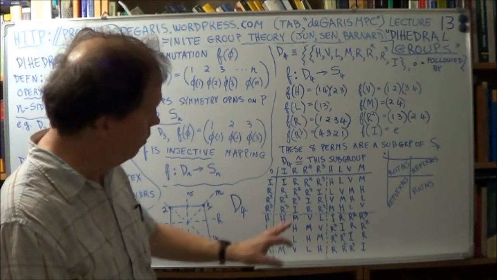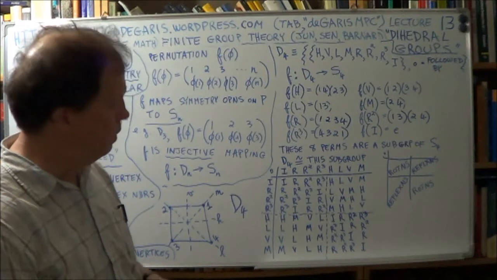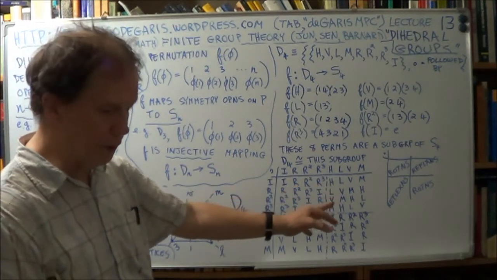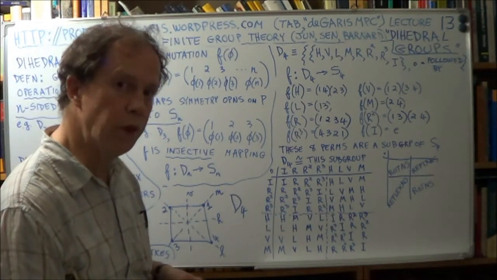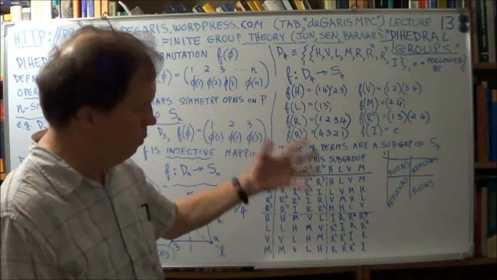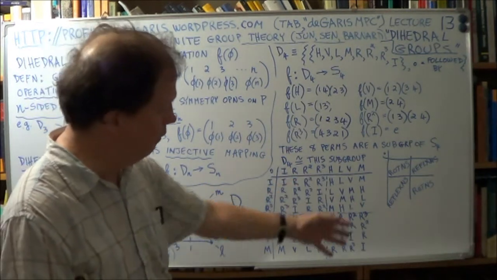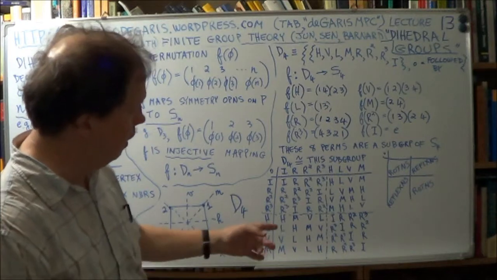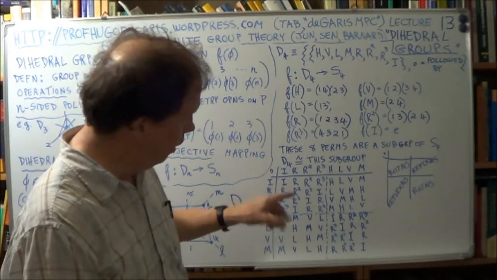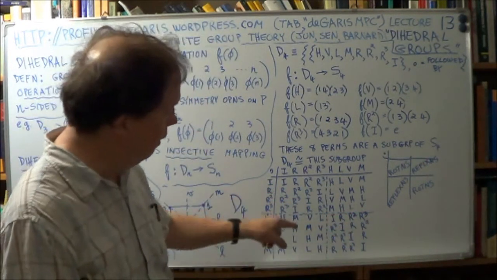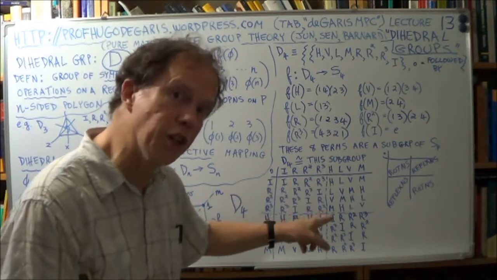So what you're seeing here is the beginnings of structure within a group. And as the groups get more and more complicated, they have increasingly greater structure. If you had a much larger group, you may have structure within structure.